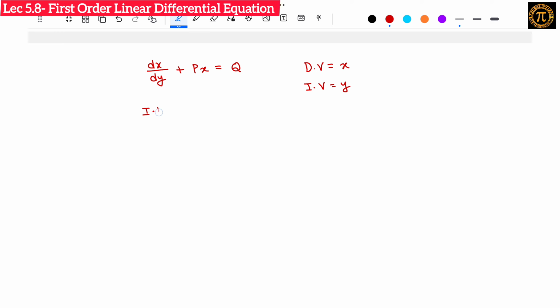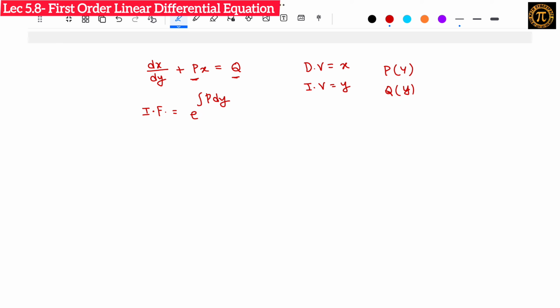In the previous case, the integrating factor was e to the power integration p dx. But in this case, p and q are not functions of x. Here p and q are both functions of y or any scalar number. So the integrating factor will be e to the power integration p dy.